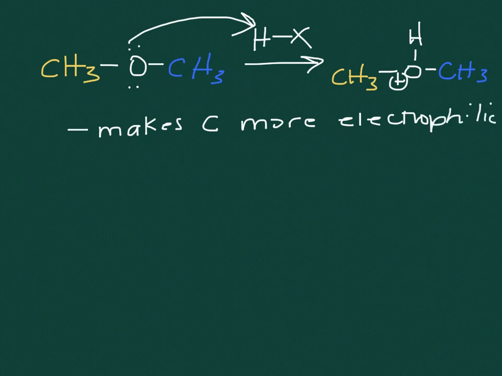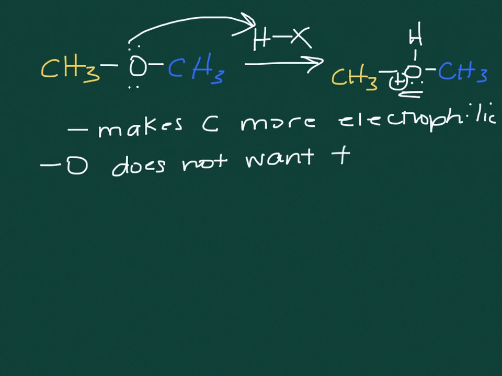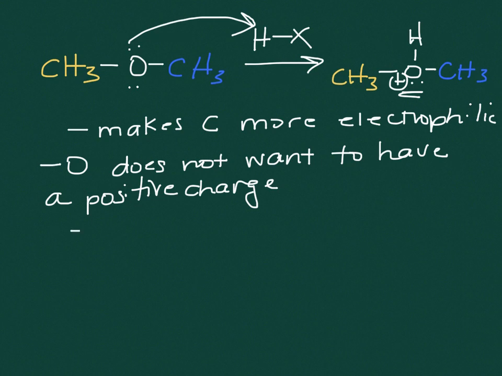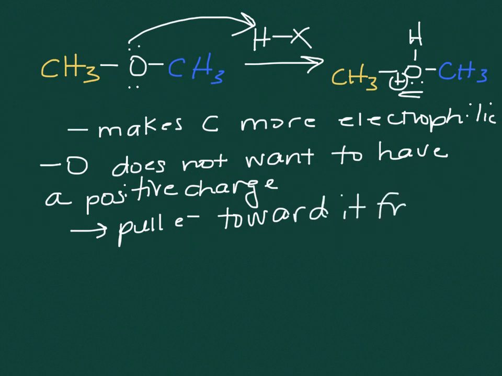The reason, if you recall, that it makes the carbon more electrophilic is because this oxygen does not want to have a positive charge. So it's going to pull the electrons toward it from carbon, so that there's a larger partial positive on the carbon.